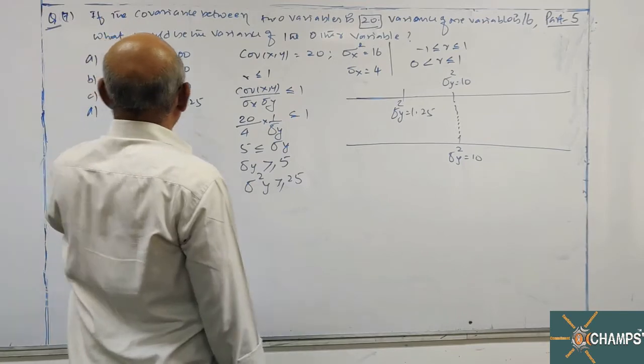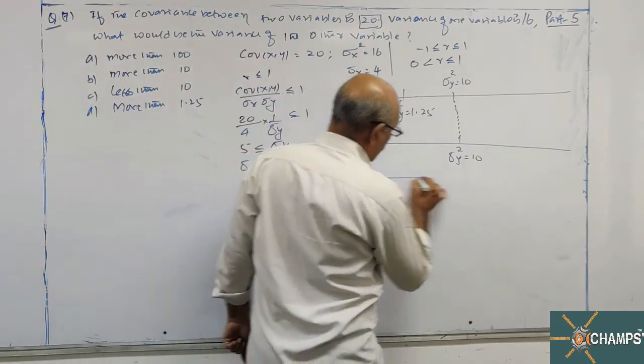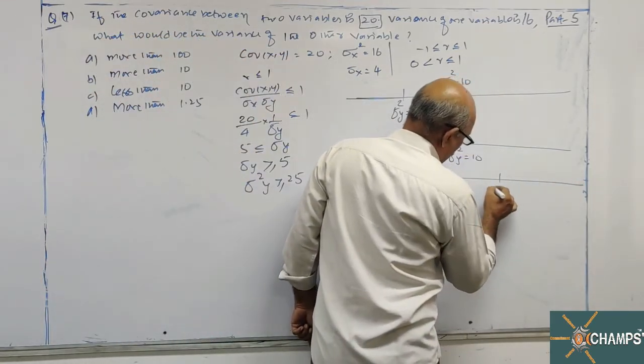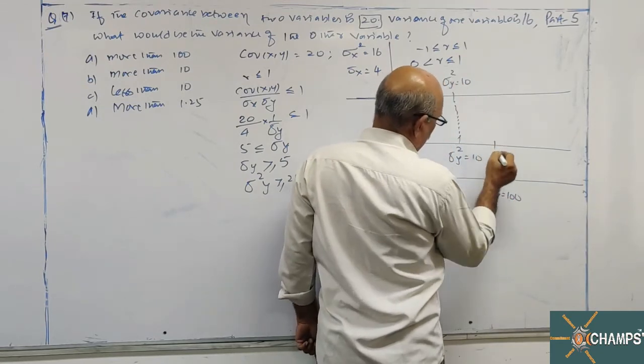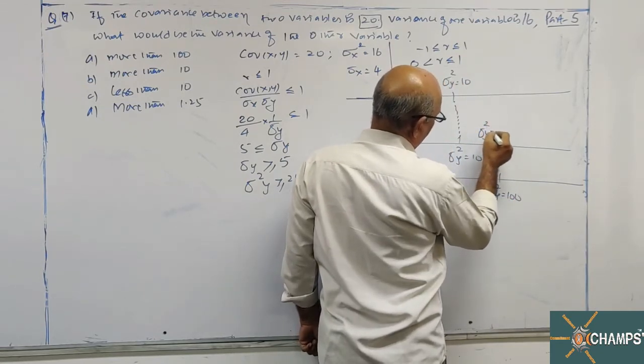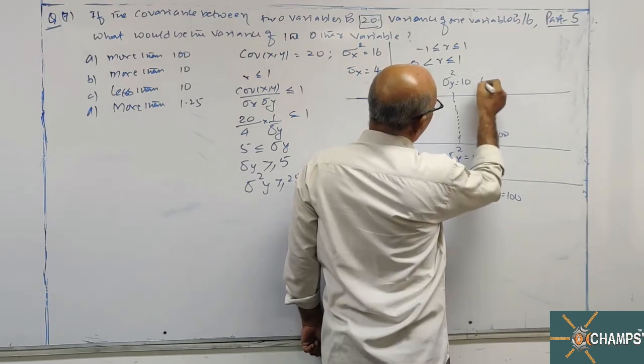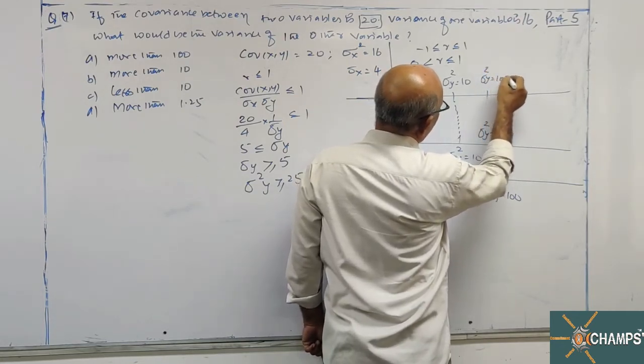Let us see one more inequality, more than 100. Here variance of y is equal to 100.